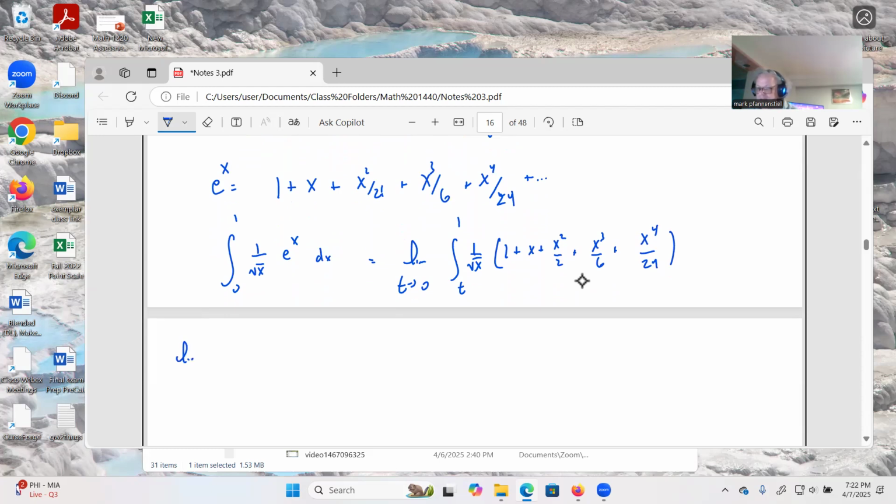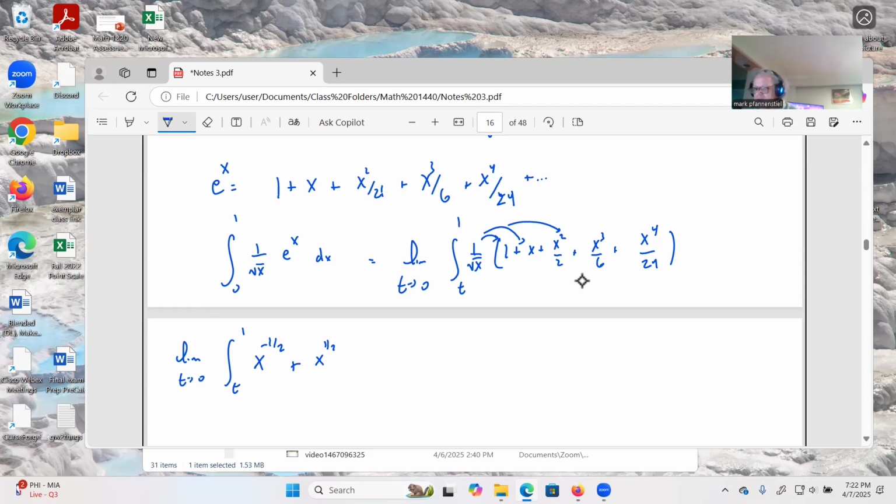So we have the limit as t goes to 0, integral from t to 1, and then if I multiply 1 over the square root of x by each of these terms, we have x to the negative 1/2. That's 1 over square root of x times 1, plus x to the 1/2, right?